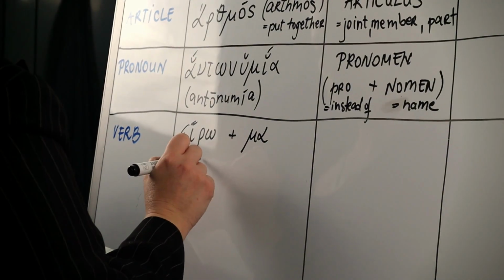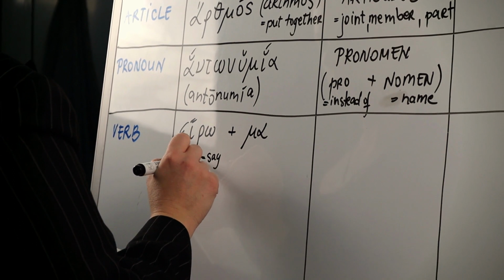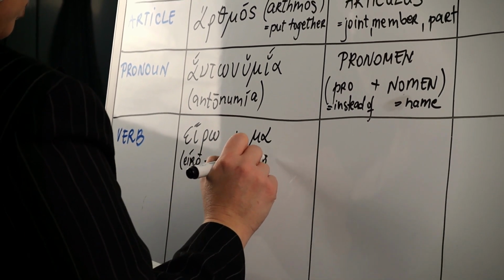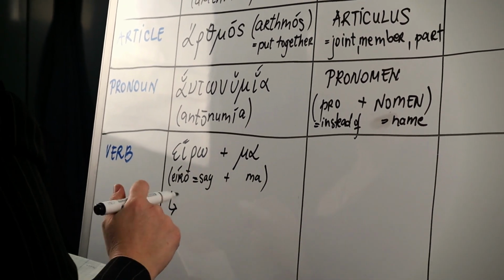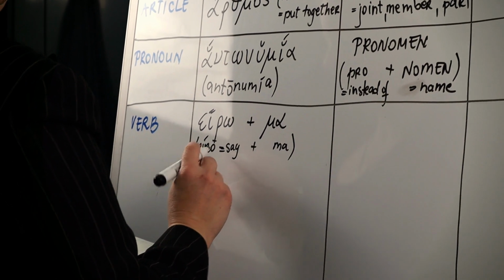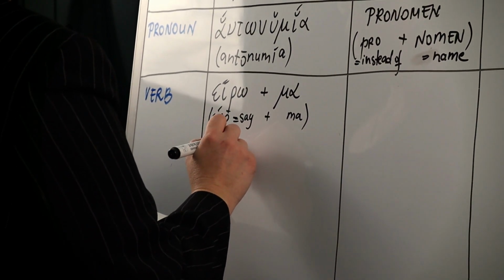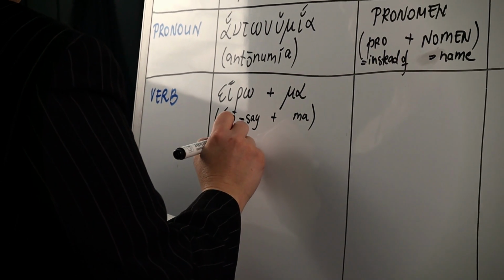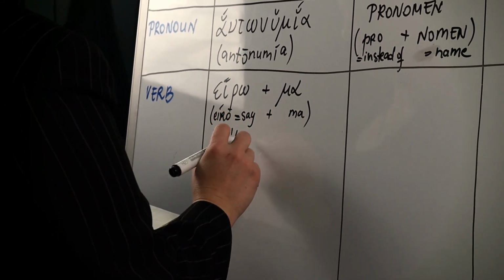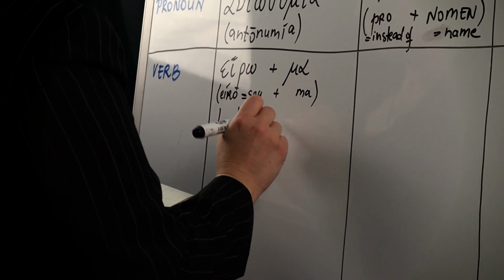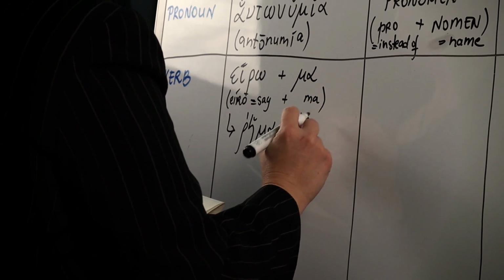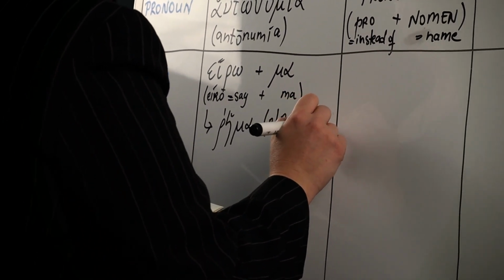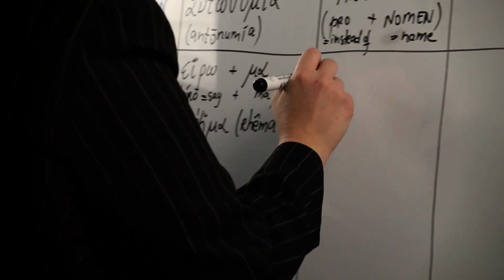Now, verb, in Old Greek, there was actually the process that the word rema, which means word, was actually made from the words eiro and the word ma. Eiro would mean say. So say the word, eiroma. When they were put together, the word which was made to actually represent the word verb became the word rema.